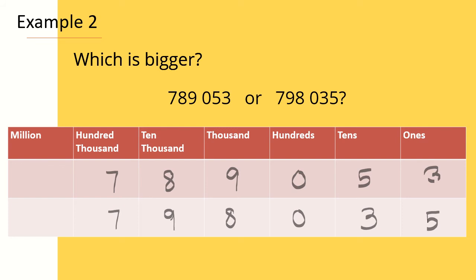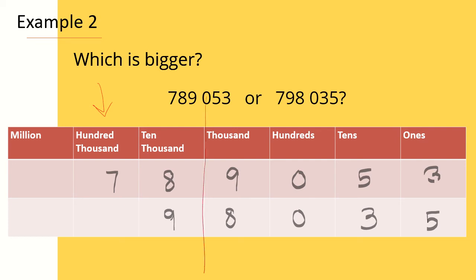Now, as usual, we are going to compare one by one, starting from the biggest place value, which is 100,000. Now let's make a line over here and let's compare these two numbers. It's 7 and 7. You can't really compare them because they are the same. They're equal. So moving on to the next one.